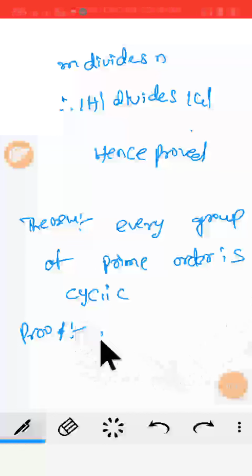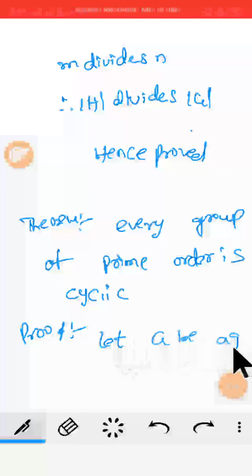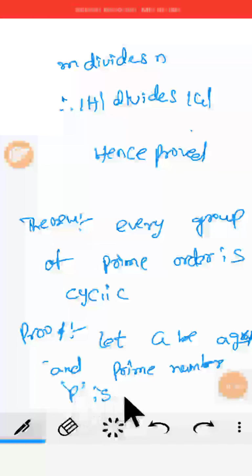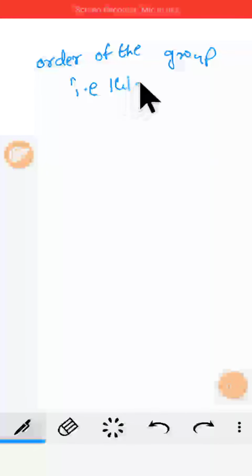Let G be a group and prime number P is the order of the group. That is, order of G equal to P.